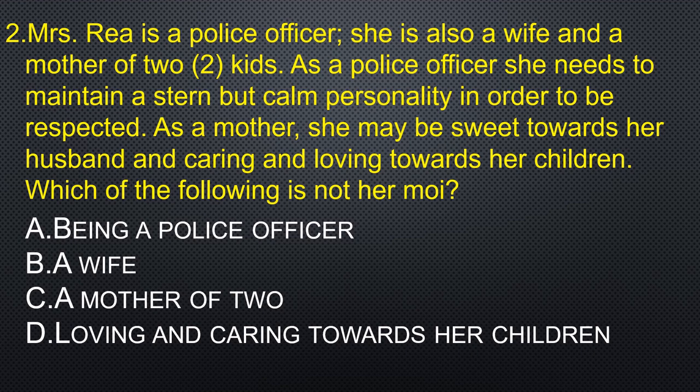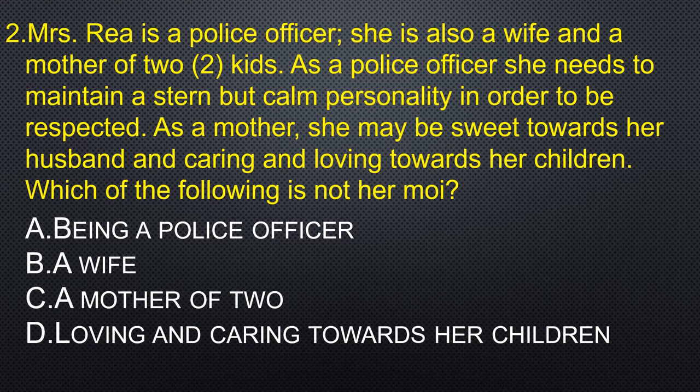So among the following, which is not her moi? Of course, before you can understand the answer, you should know what is moi. Okay? Moi basically pertains to who you are physically, who you are, or your status in the society. In here, Rhea is a police officer.